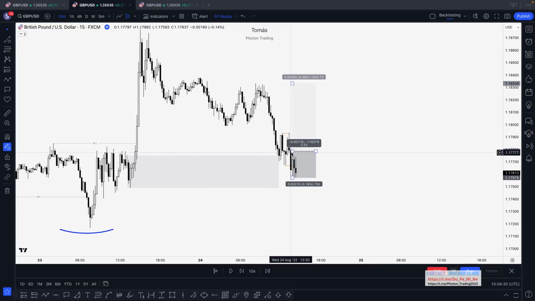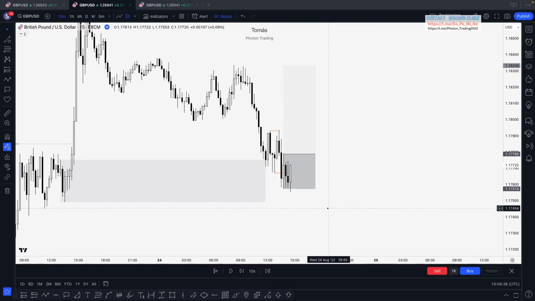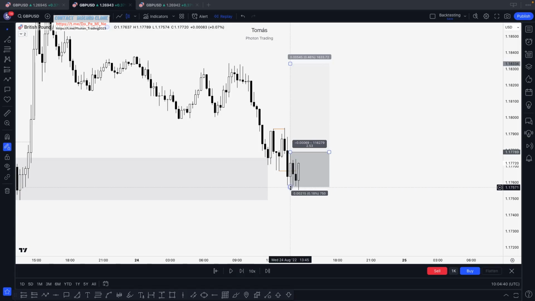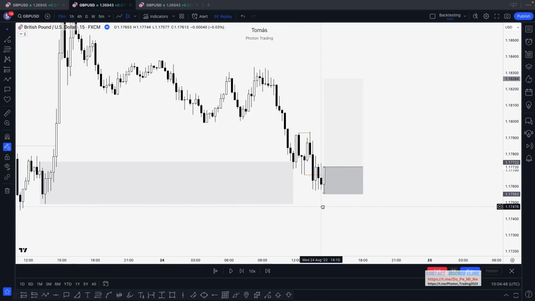Even though PBL held and formed a lower low, I still try to get involved. So basically, instead of having the entry here, because then this candle broke the low, the entry should be here for me again.